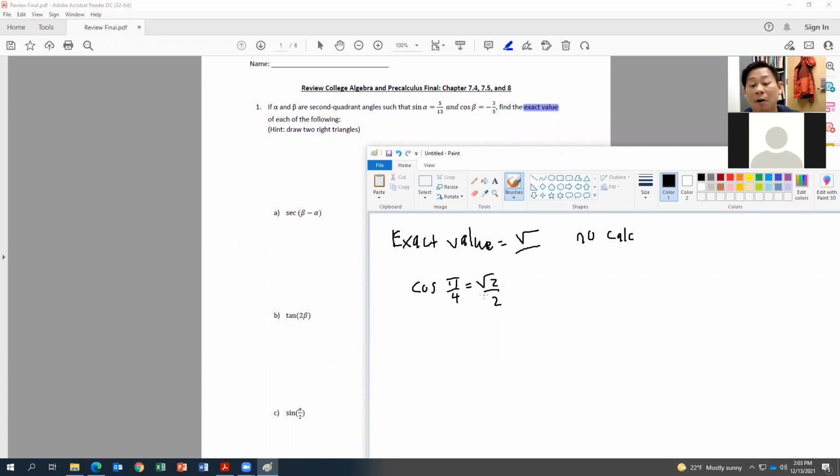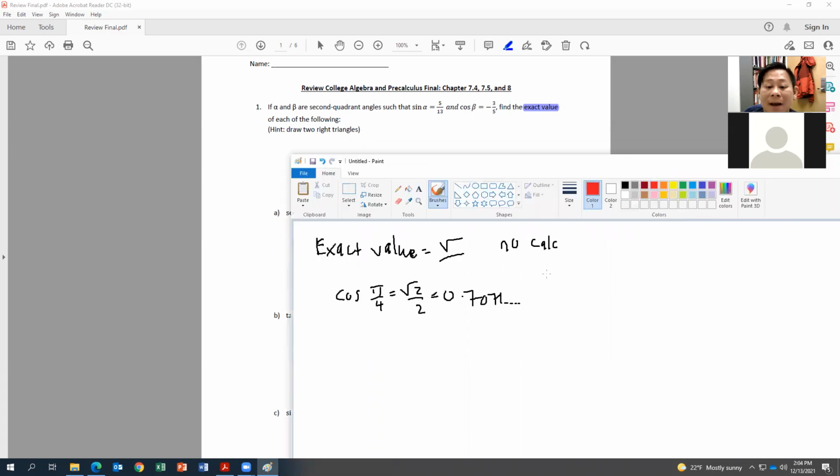But if you use your calculator and type cosine pi over 4, which is cosine 45 degrees, you will get 0.7071 and all the decimals. This is not an exact value.